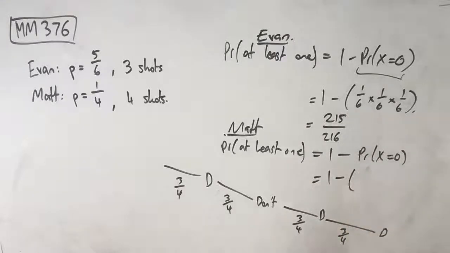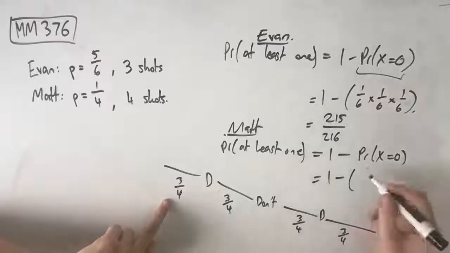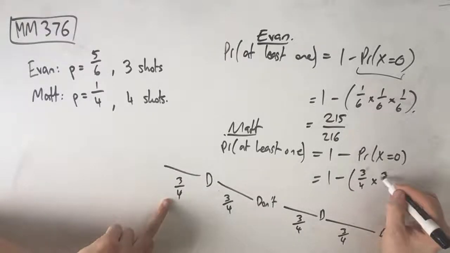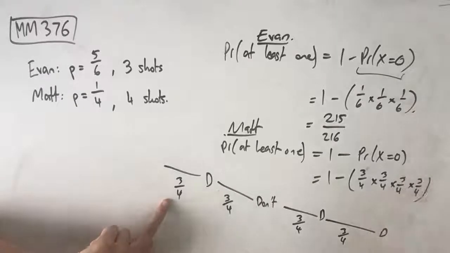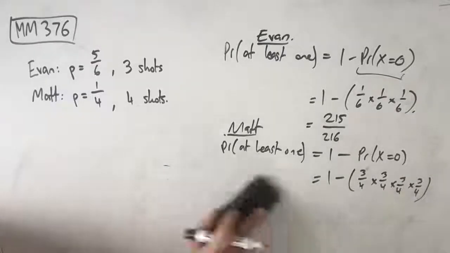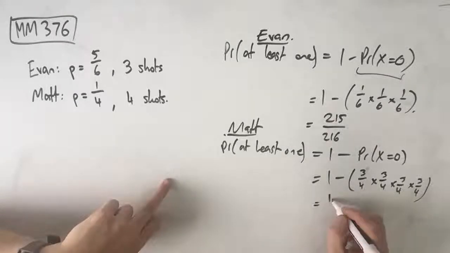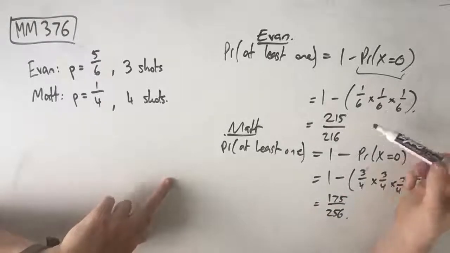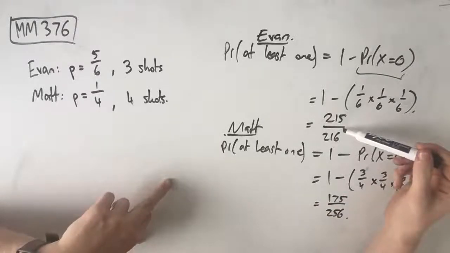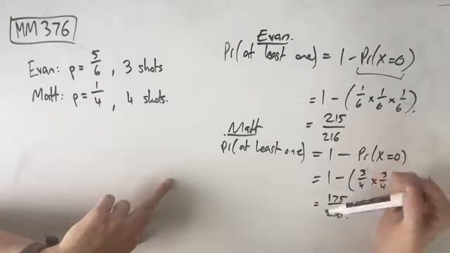So 1 minus all of these multiplied together: 3 in 4 times 3 in 4 times 3 in 4 times 3 in 4. What that gives us is 175 on 256. So the probability that Evan scores at least 1 goal is 215 over 216, and the probability that Matt scores at least 1 goal is 175 over 256.